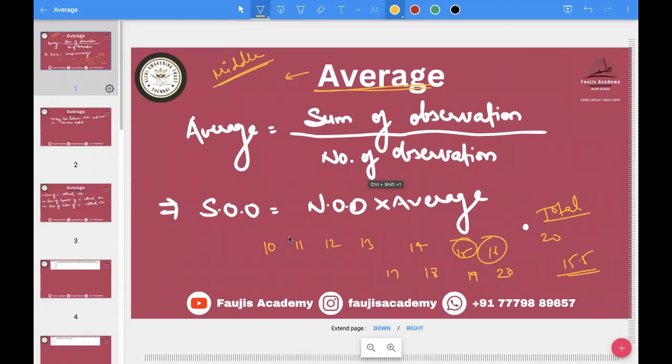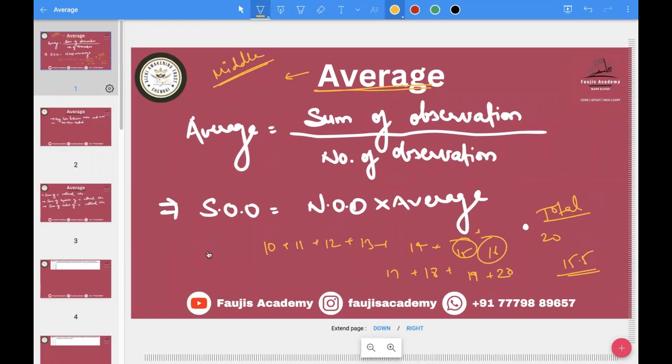So what we actually do here is, in order to find out the average, we'll add all these terms. Somebody please add all these terms at your end and tell me the number.